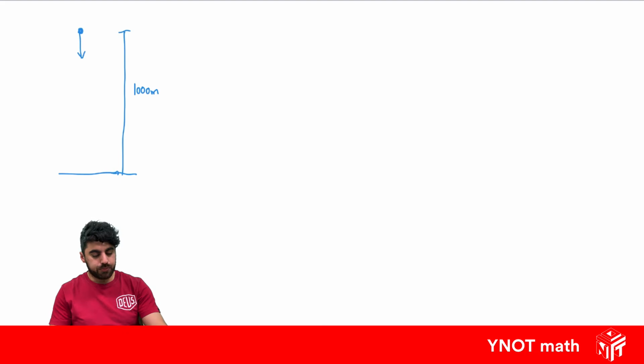This object is going to be of unit mass, which means it's 1 kilogram. There are a couple of things we want to find: the velocity squared in terms of x, and the speed just before it hits the ground.